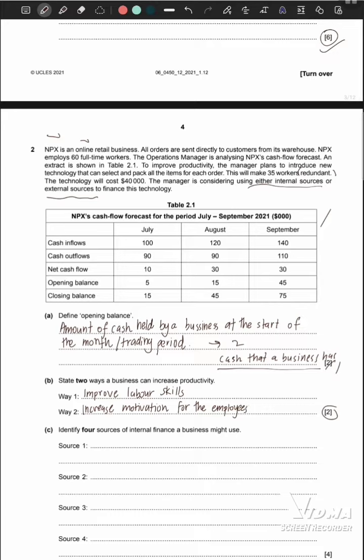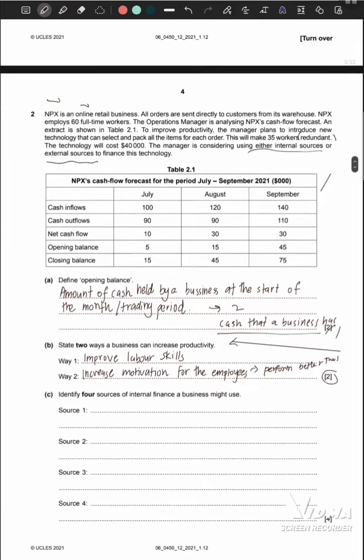When you have motivated employees, they will perform better, thus leading to higher productivity.